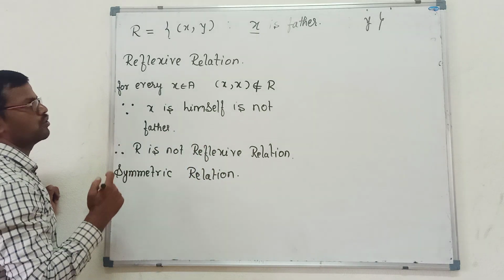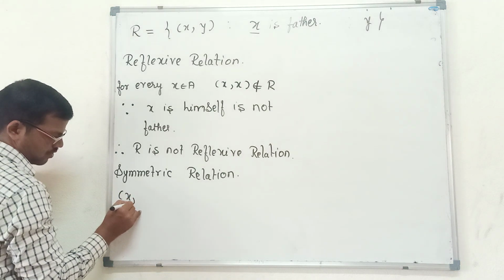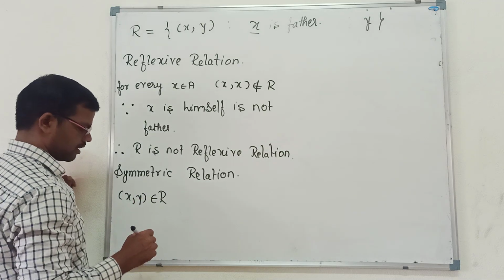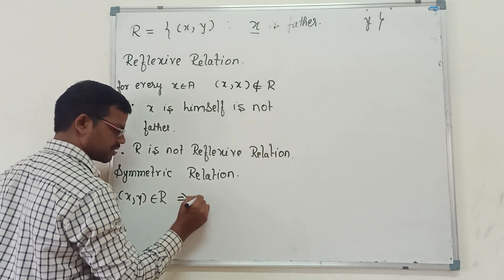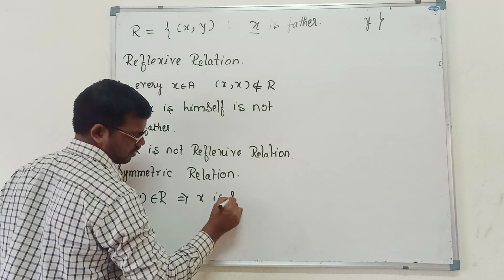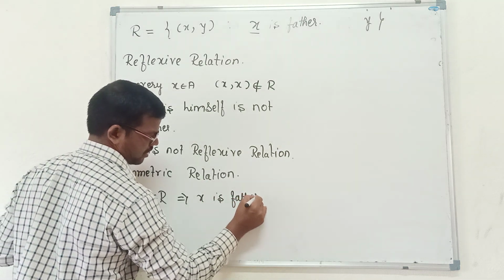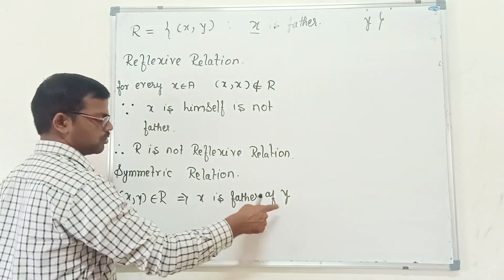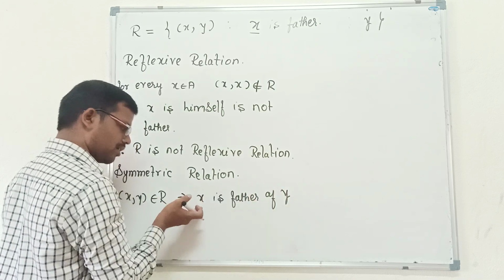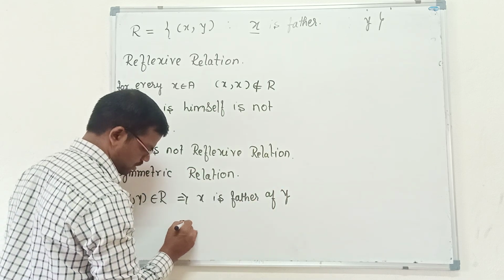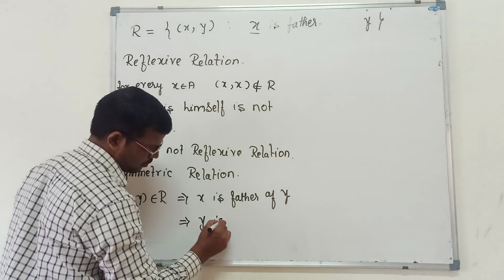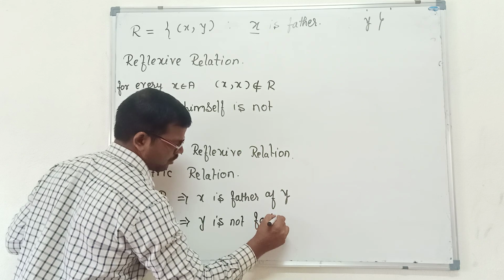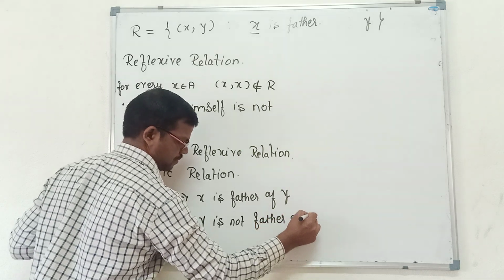Symmetric relation means we should have a pair x comma y. If x comma y is in R, it implies that x is the father of y. So what about y? Does y become a father of x? No, it is not possible. Y is not a father of x.